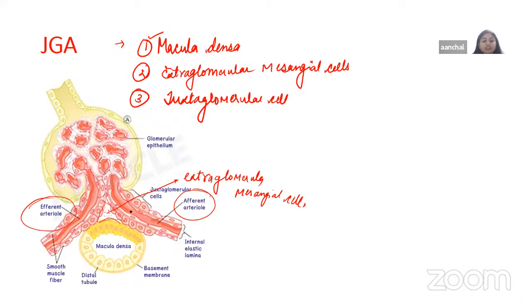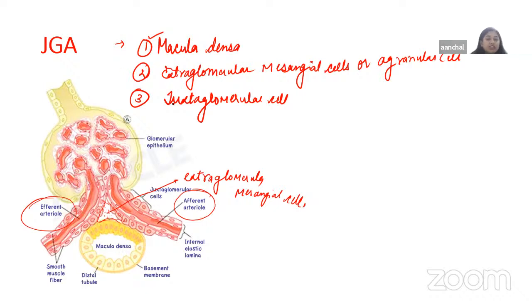This type of cells is also known as agranular cells. These cells secrete a very important hormone known as prostaglandins, and they are also responsible for the secretion of cytokines.